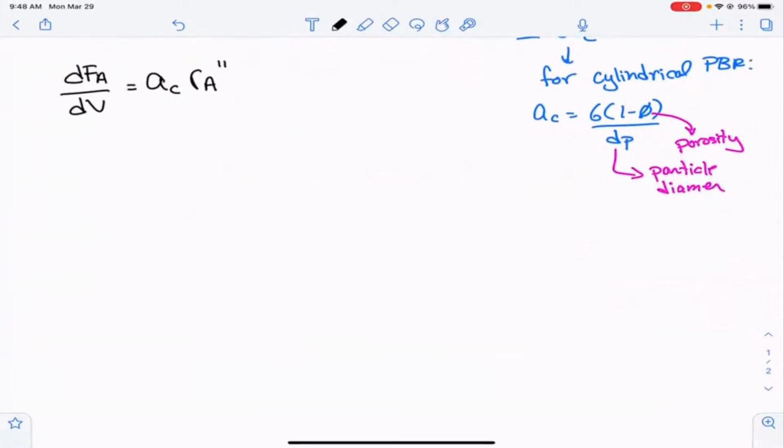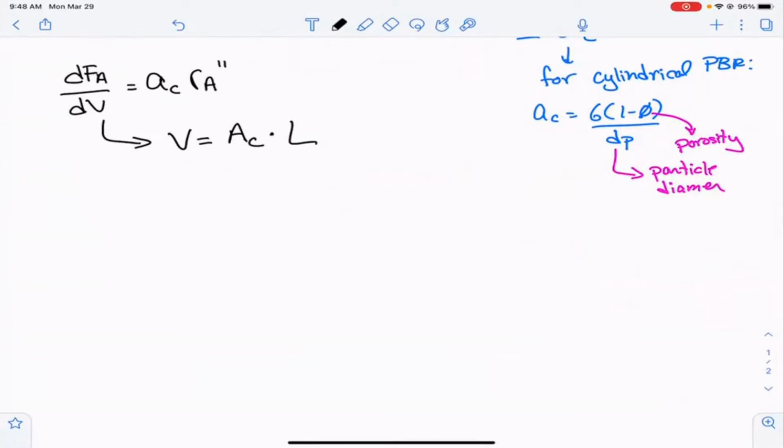The first thing that we're going to do is note that the volume of our reactor is simply the cross-sectional area times the length, right? And we'll use AC for cross-sectional area. We're going to have a bunch of different areas floating around, so let's try to come up with one symbol for each of them. So this one is the cross-sectional area, okay?